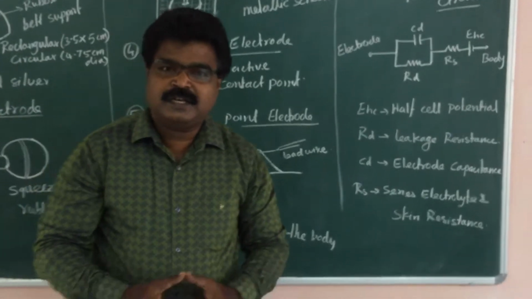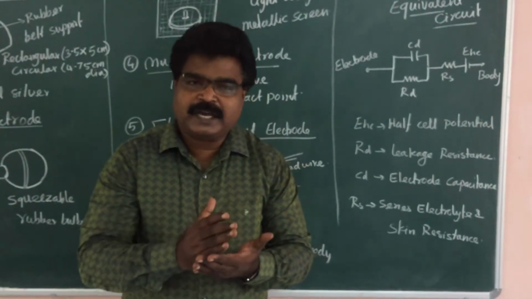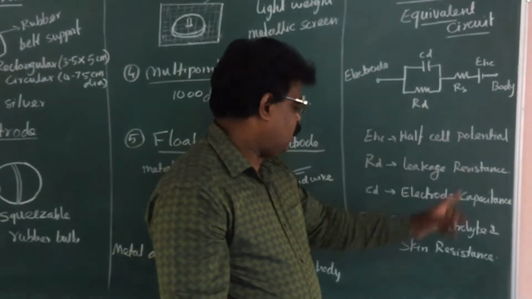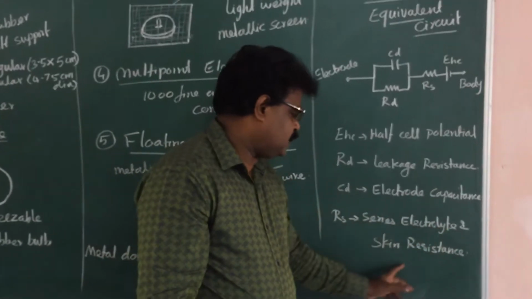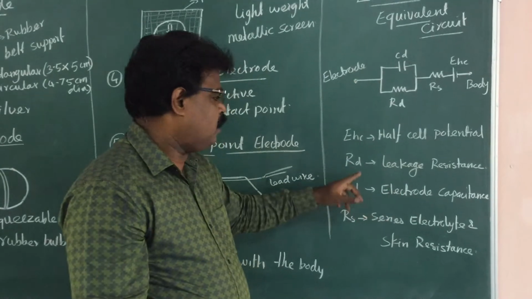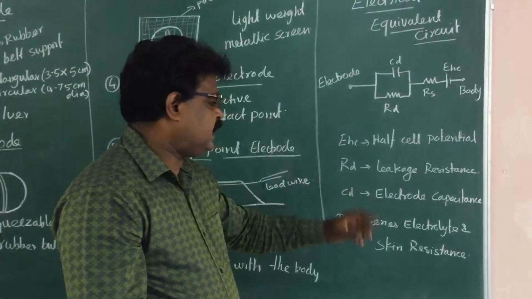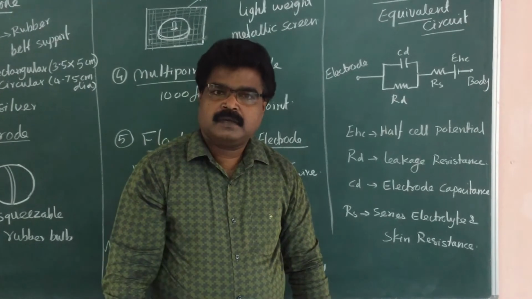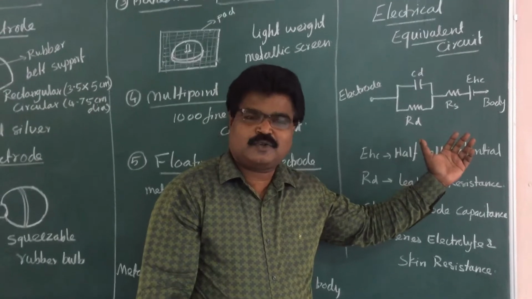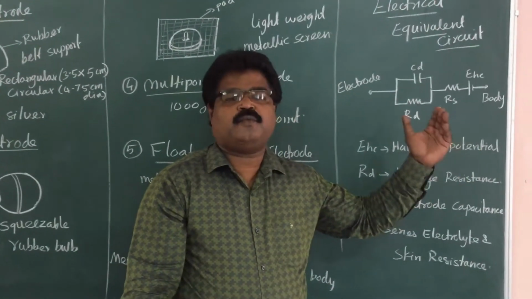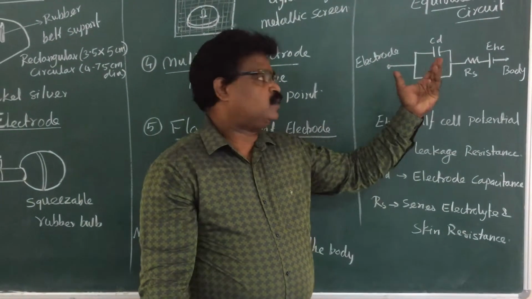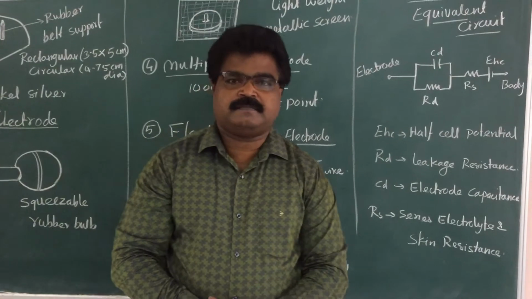What is half cell potential? The potential between electrode and electrolyte is called half cell potential. RS is the series electrolyte and skin resistance, and the capacitor and RD are in parallel. RD is the leakage resistance and CD is the electrode capacitance. So this is the electrical equivalent of the surface electrode, electrode paste and body fluid, which can be converted into an electrical equivalent network.